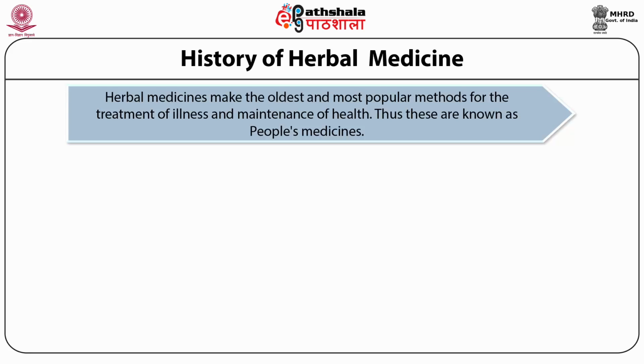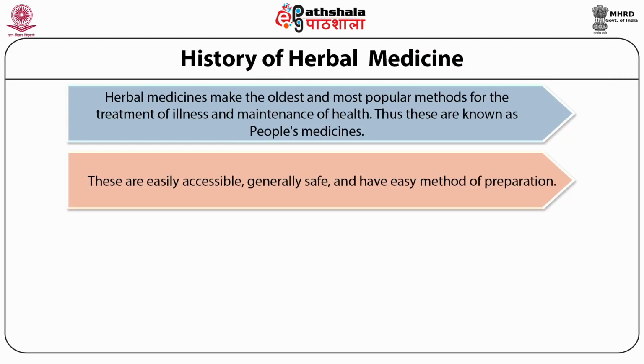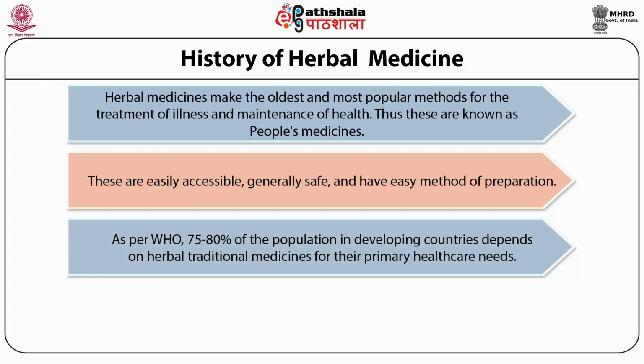There are certain attributes which are unique to these herbal medicines. Number one, these are easily accessible. Number two, these are generally safe. And number three, they have a very easy method of preparation. Usually they are household remedies.